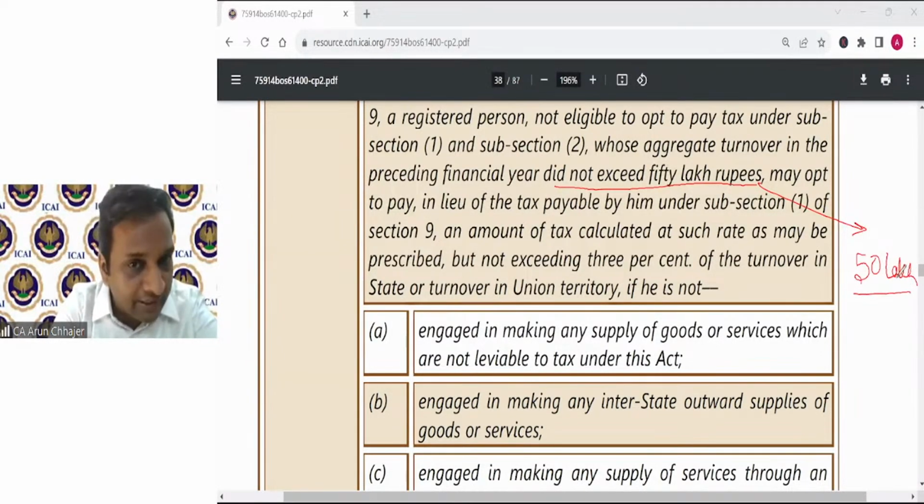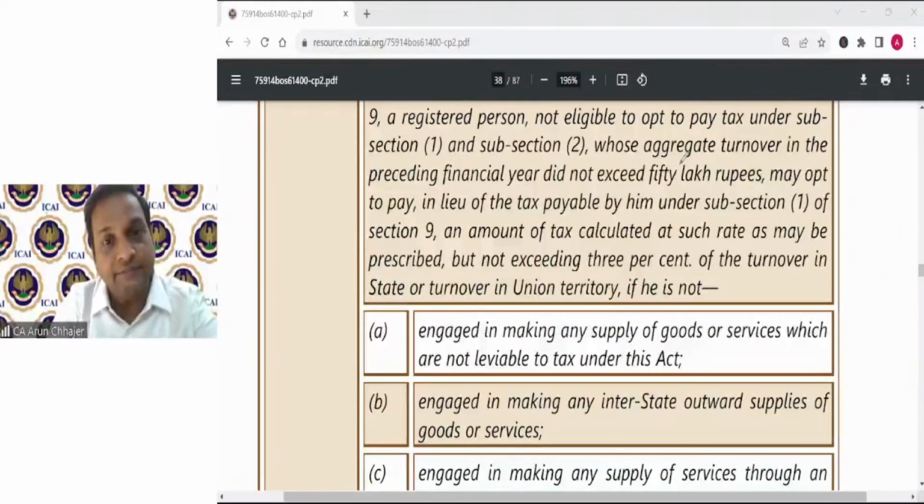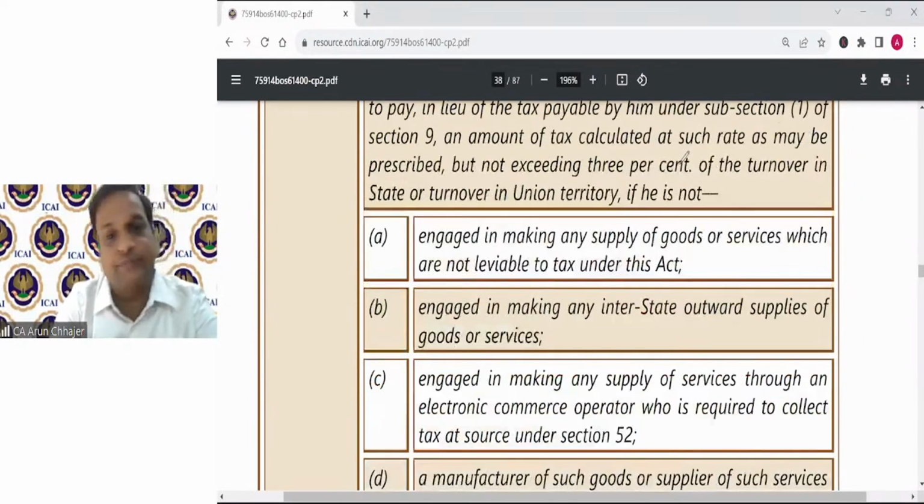The limit has not been extended. In 10.2A, there are two main points you should remember: the rate of tax is 6% and the upper limit is 50 lakhs.